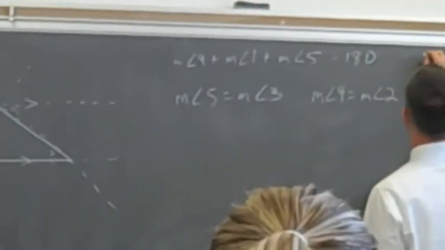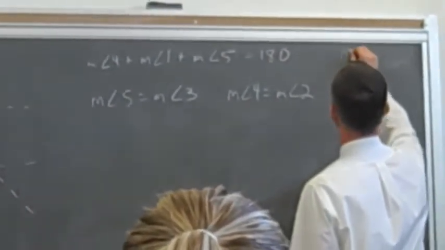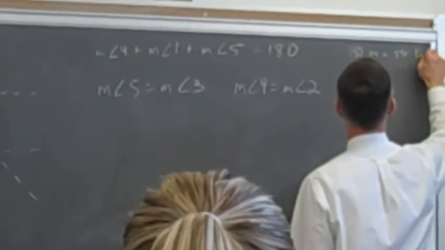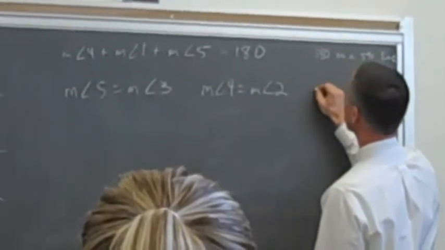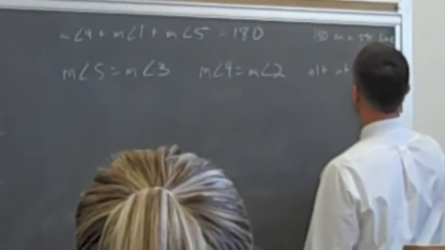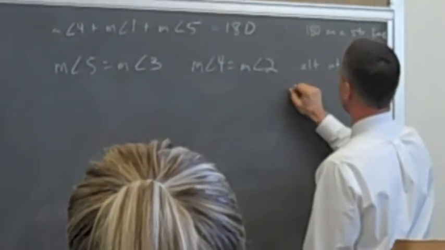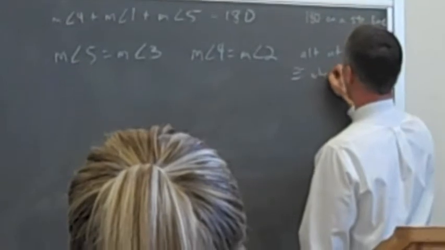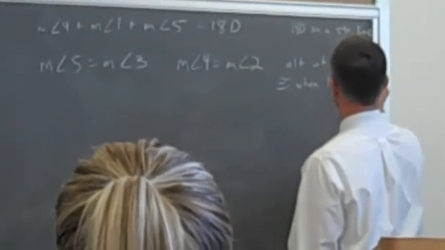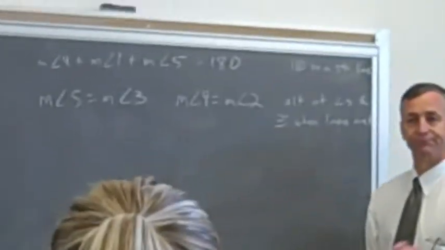Okay? So over here, there's 180 degrees on a straight line. That's why this is true. This is true because alternate interior angles are congruent when the lines are parallel, right?